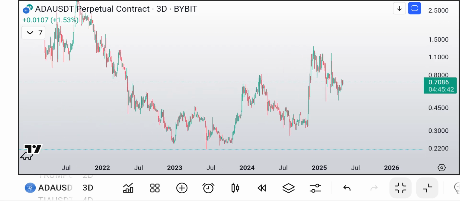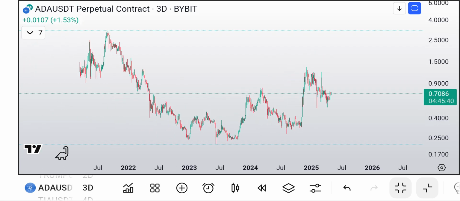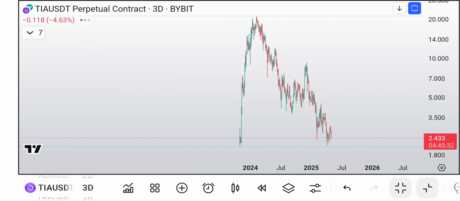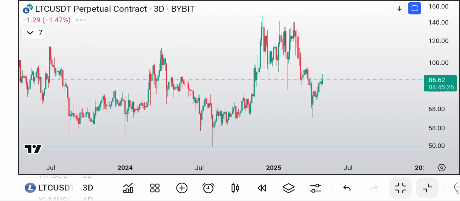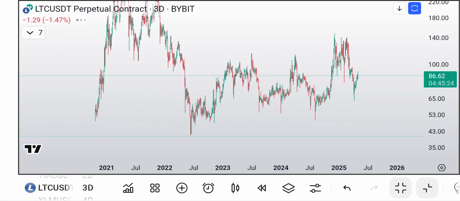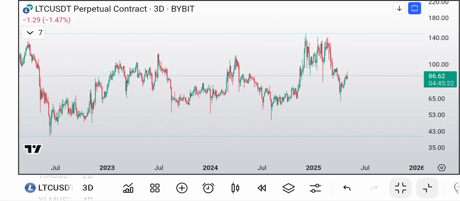ADA looks pretty good too. ADA's flagging out nicely. So expect to move up. I believe that's what's coming. Litecoin, you got this 3-wave pullback.